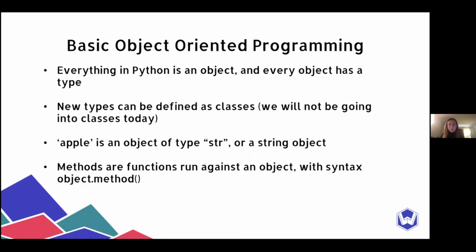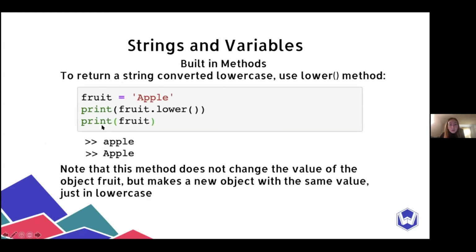So there is one specific method that I wanted to introduce, and that is the lower method. The lower method is a string method that will return a string converting everything to lowercase. So we see in our example here, I've set the variable fruit equal to apple with a capital A, and then I print out fruit.lower.